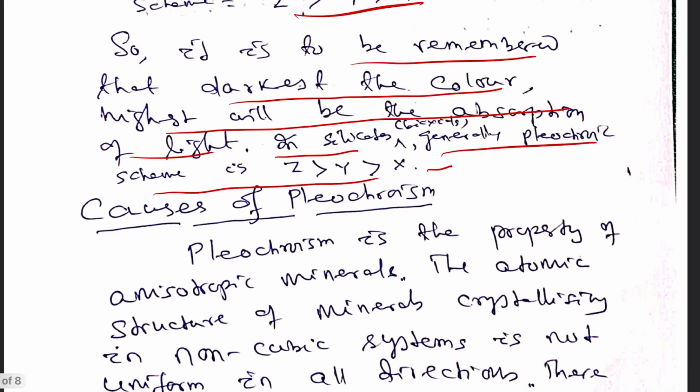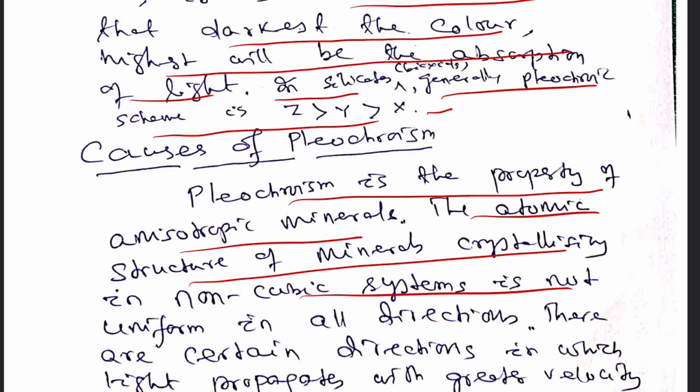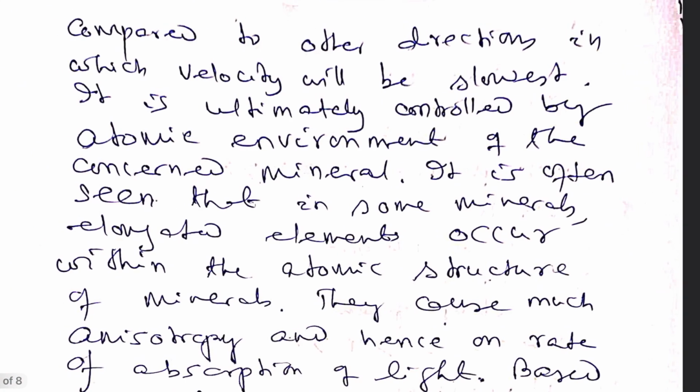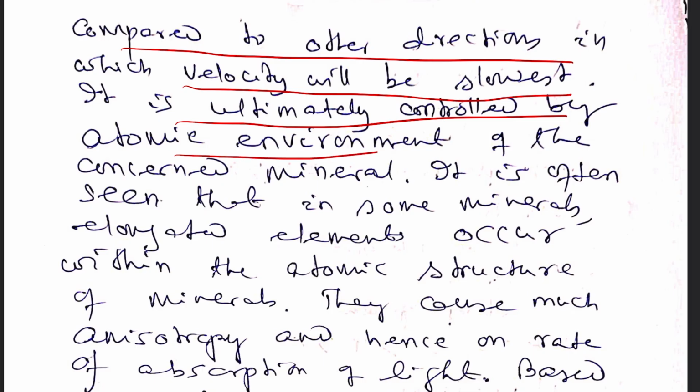Causes of pleochroism. Pleochroism is a property of anisotropic minerals. The atomic structure of minerals crystallizing in non-cubic systems is not uniform in all directions. There are certain directions in which light propagates with greater velocity compared to other directions in which the velocity of light is slowest. It is ultimately controlled by the atomic environment of the concerned mineral.